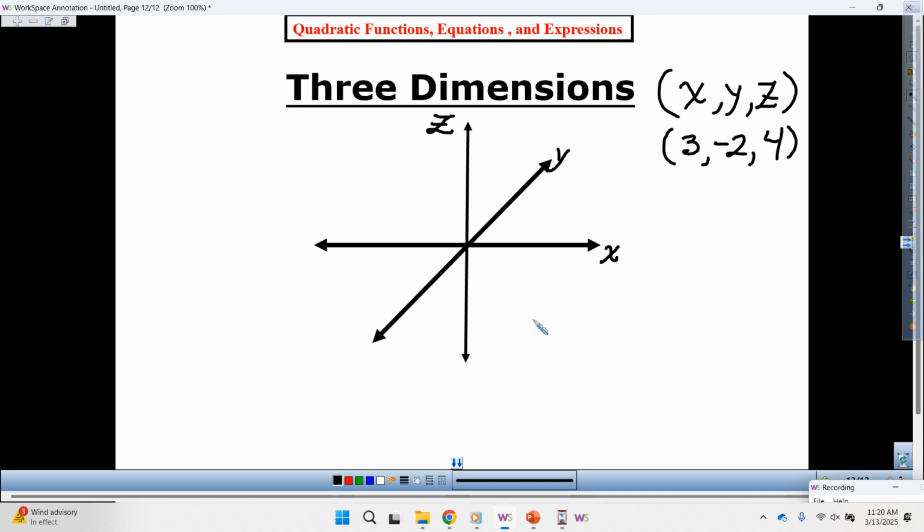Now let me show you. I'm going to start with 3 of x. 1, 2, 3. So far so good, yeah? Y negative 2. Where's y negative 2? Y negative 2 is 1, 2. So far my point is about right here. Is that correct? But I'm not done, because now I have the third dimension, which is z equals 4.